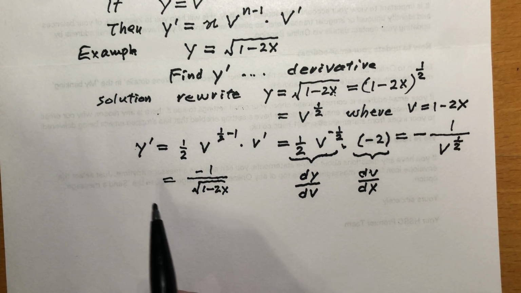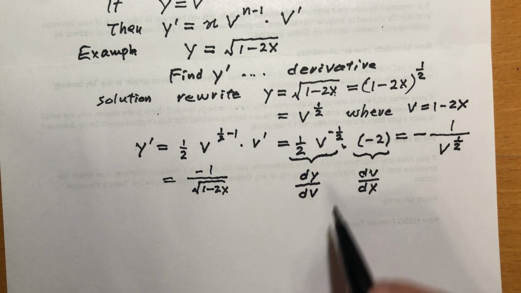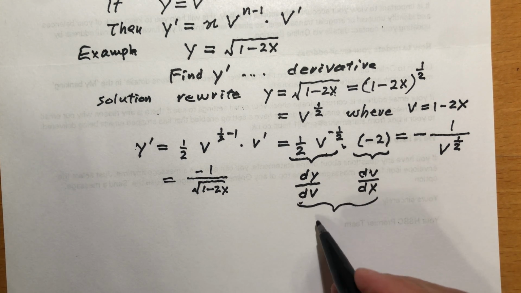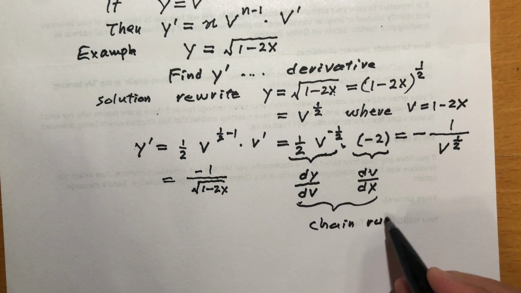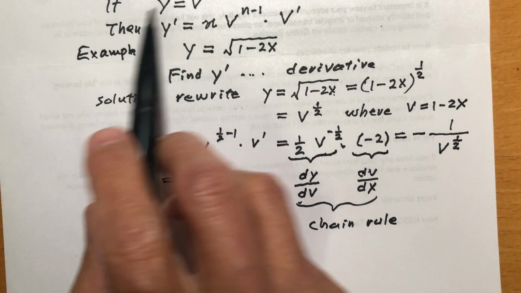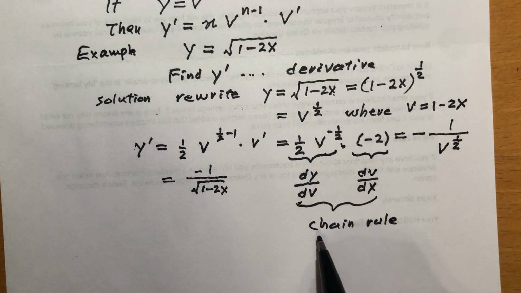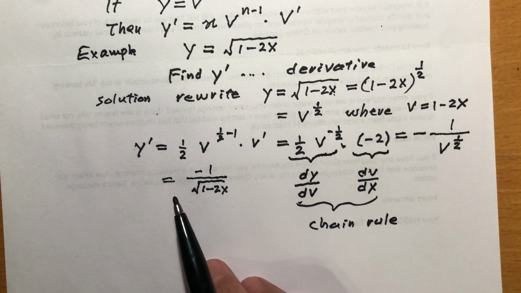So this is exactly the chain rule. So this is chain rule. So the general power rule is nothing but our chain rule. So chain rule is more general, okay?